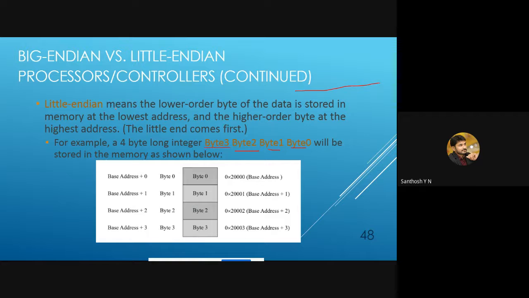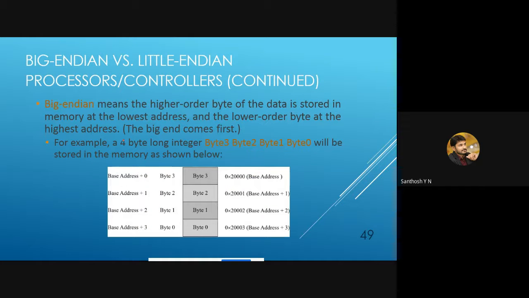In the little endian case, byte 0 will be stored in the memory location whose address is base address plus 0, and byte 1 will be stored in the next memory location, base address plus 1, then base address plus 2, base address plus 3. You can consider the base address as 8000 here. So in 8000 we store byte 0, the lower data, next byte 1 in 8001, byte 2 in 8002, byte 3 in 8003. This is called the little endian concept.